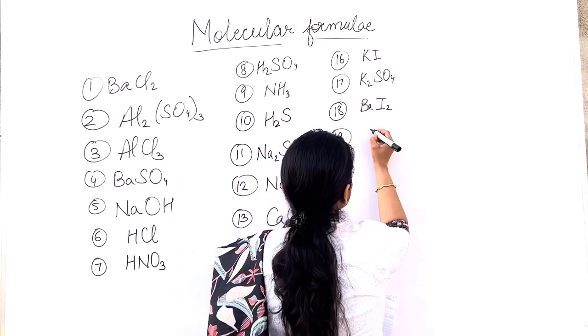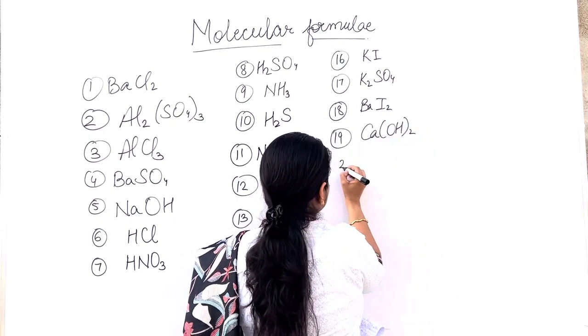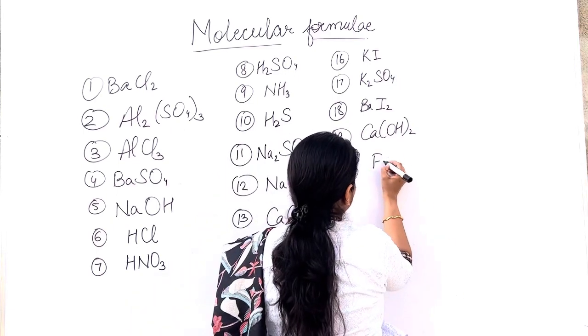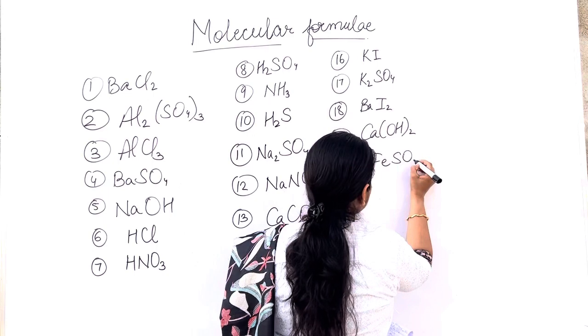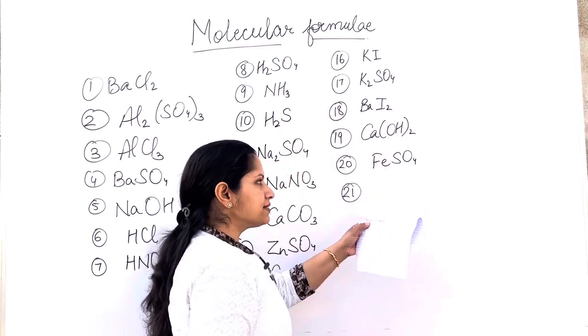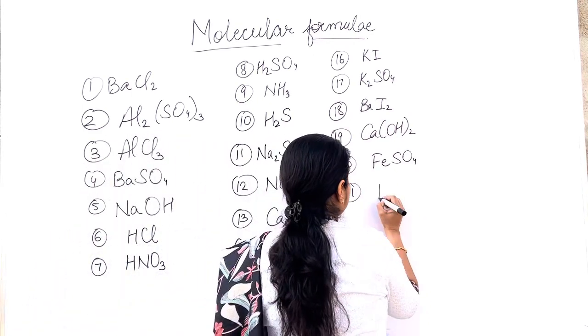Then we have calcium hydroxide. Then we have ferrous sulfate. Ferrous, I told you it's +2. Wherever the word ferrous is there, it's +2. And sulfate is -2. So both cancel out each other.